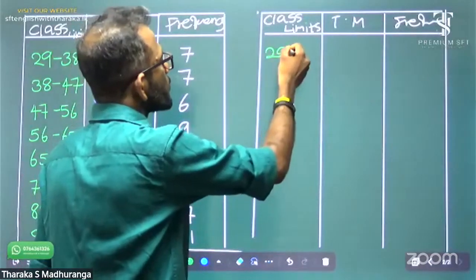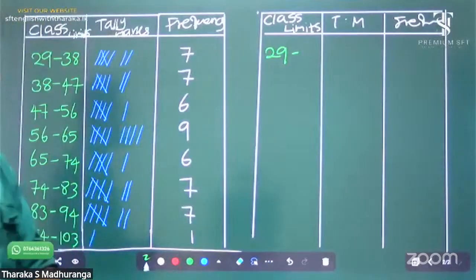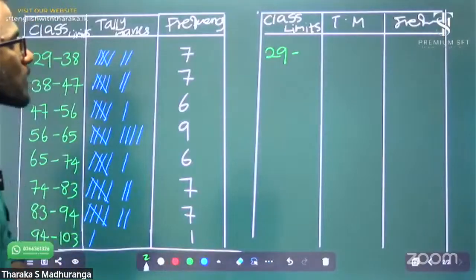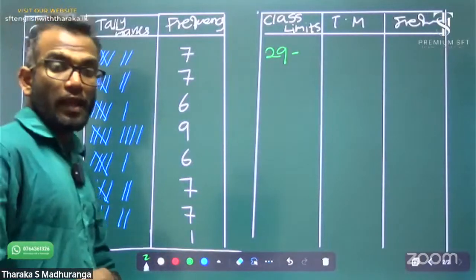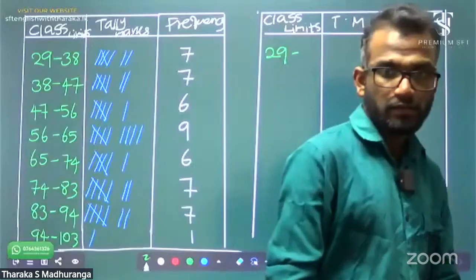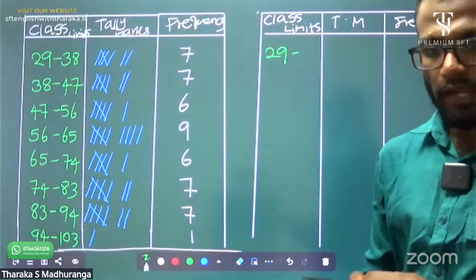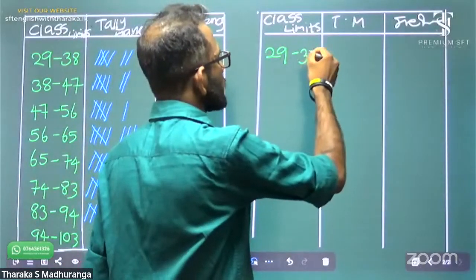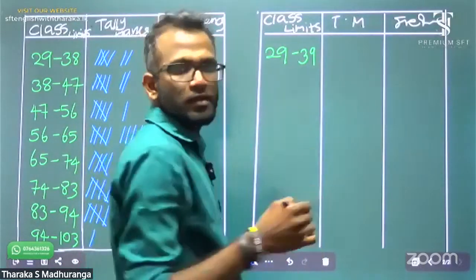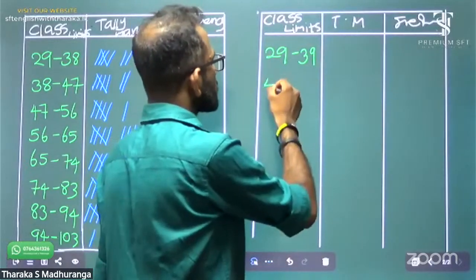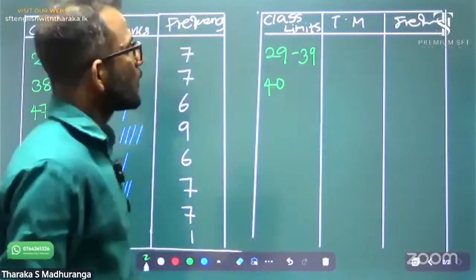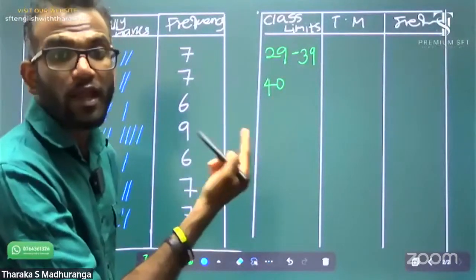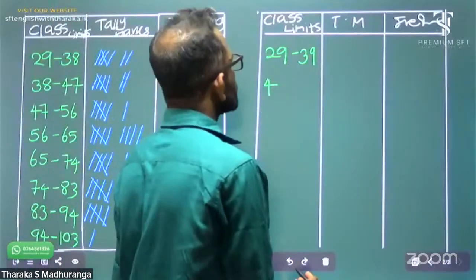And class size 10. If I got 39 and 40, is it correct? No. If you got it like this, it is 28.5, 39.5 class boundaries. Then class size is 11. That's why you have to be careful.